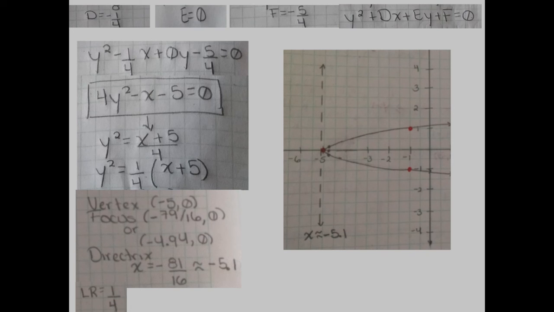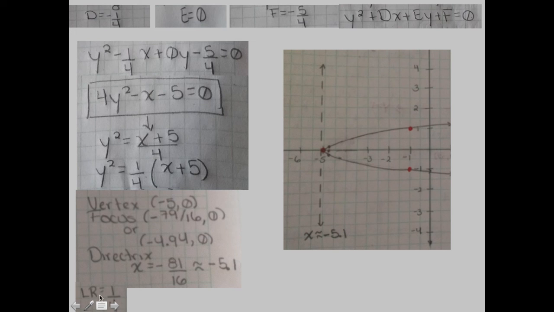If to negative 5 I add 1 over 16, I will get the focus, which is negative 79 over 16, approximately minus 4.94. And the directrix, which is on the other side of the vertex, would be minus 81 over 16, approximately minus 5.1.